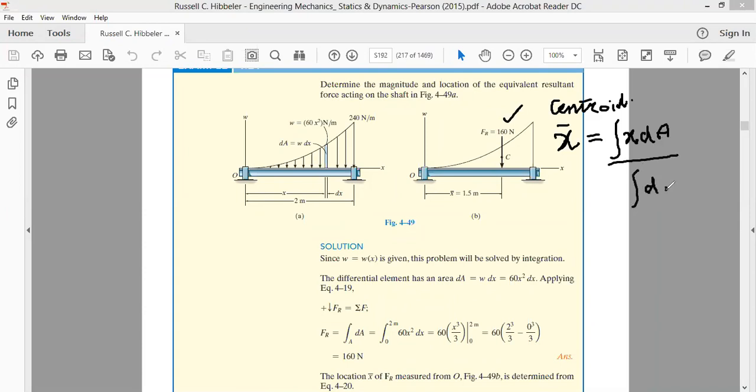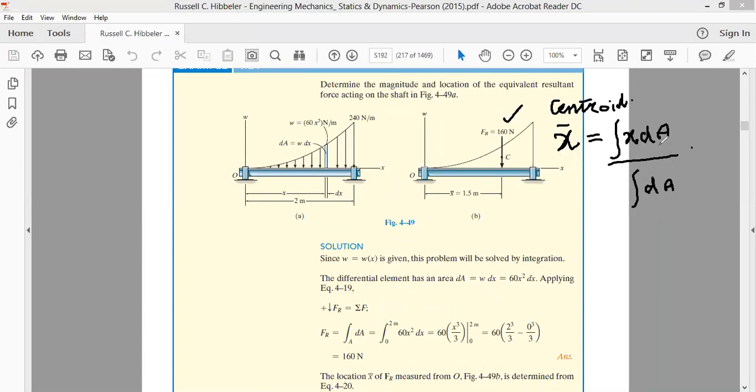We find the centroid mathematically. The definition is that x bar, the x coordinate of the centroid, is equal to integral x dA divided by integral dA.